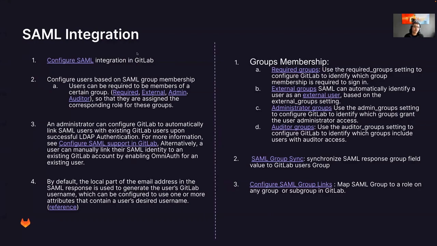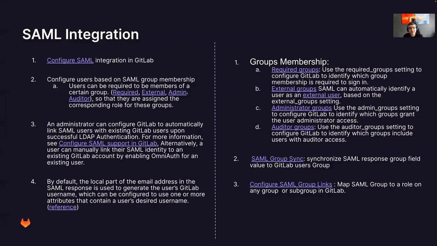So this is the SAML configuration, what I've just showed you. Now remember in LDAP, where we said that an LDAP group can be mapped to a user group in GitLab? Okay, excellent. In SAML, that goes to 4 different groups, not only 2. So not only external and admin, I have also required and auditor.